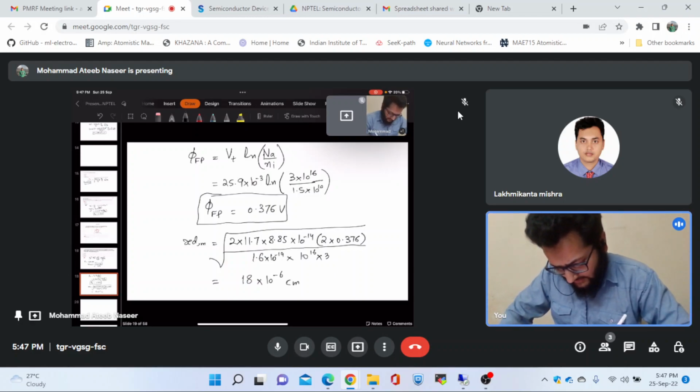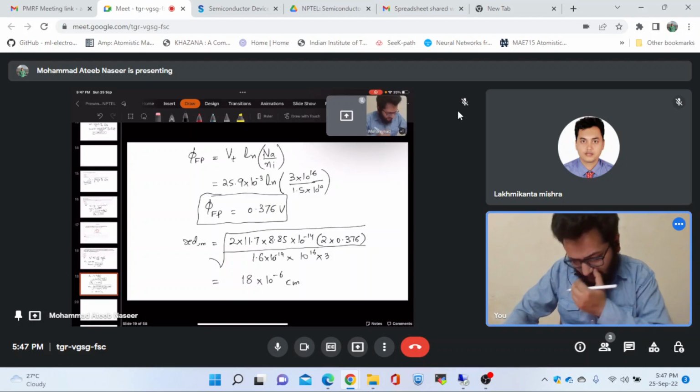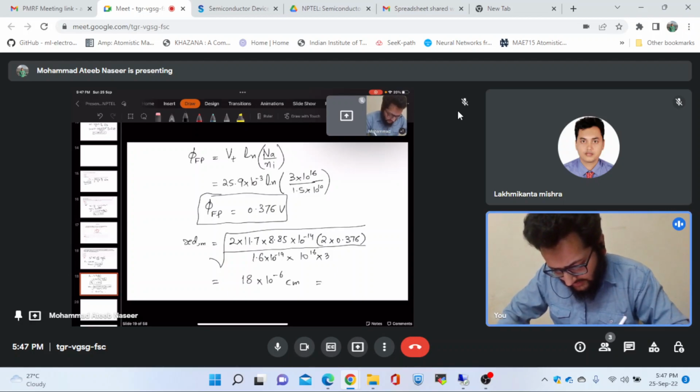If I have to convert this into meters, this xdm will be equal to 0.18 micrometer.